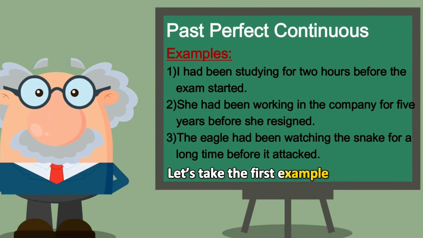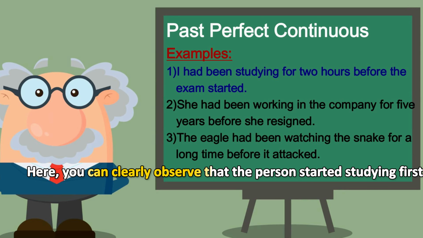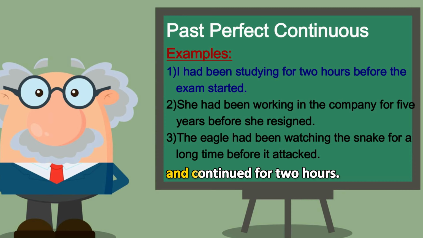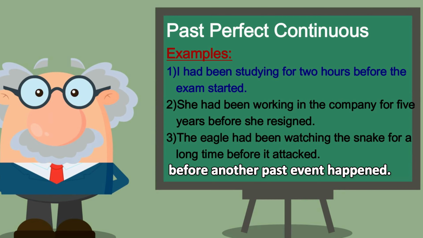Let's take the first example. I had been studying for 2 hours before the exam started. Here, you can clearly observe that the person started studying first and continued for 2 hours. After that, the exam started. So the action of studying was going on for a certain period of time before another past event happened. That's why we say, had been studying.